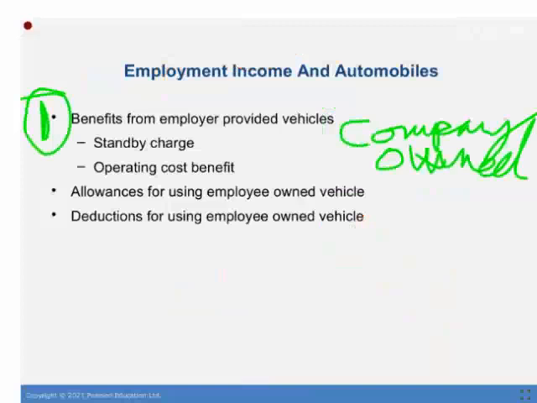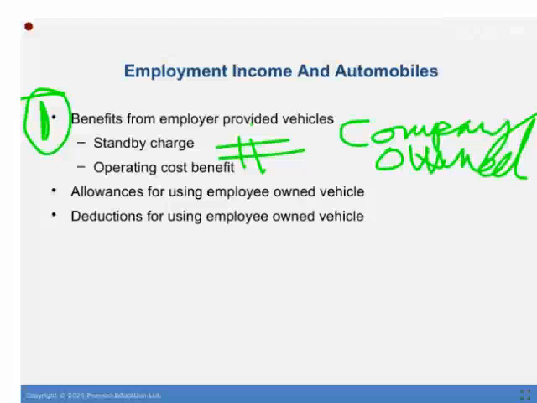That could be owned or leased, but it's in the name of the company. In that case, when the vehicle's provided, then we have to crunch the numbers and we're going to do this standby charge operating cost benefit calculation we're going to look at in a moment.